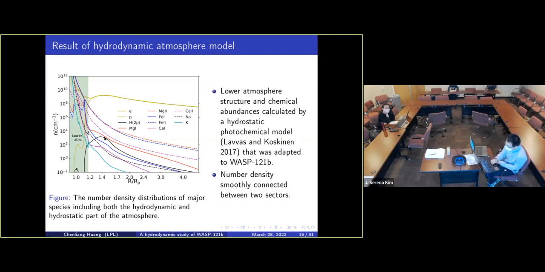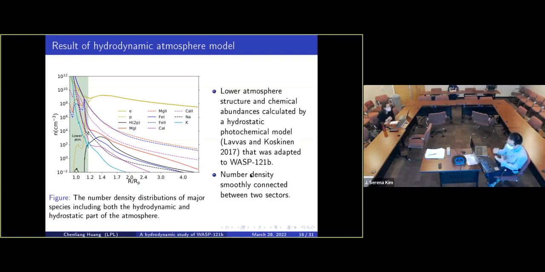We see that although the species number densities are from two separate codes, most are connected relatively smoothly. And for the majority of the hydrodynamic atmosphere, all the species are quite highly ionized. We have excited 2p hydrogen here, and we see it drops relatively fast, and I'll comment on that a little bit later.